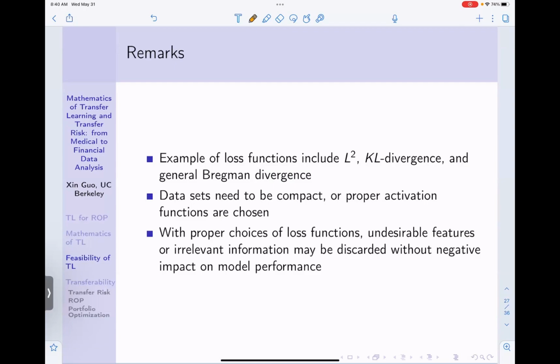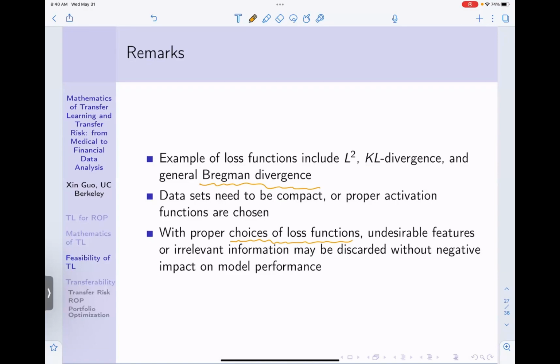It says that if you choose proper loss functions, for example the Bregman divergence functions we mentioned here, then you can successfully filter out irrelevant information or undesirable features without a negative impact on your model performance. So that's one of the corollaries that we can find out.